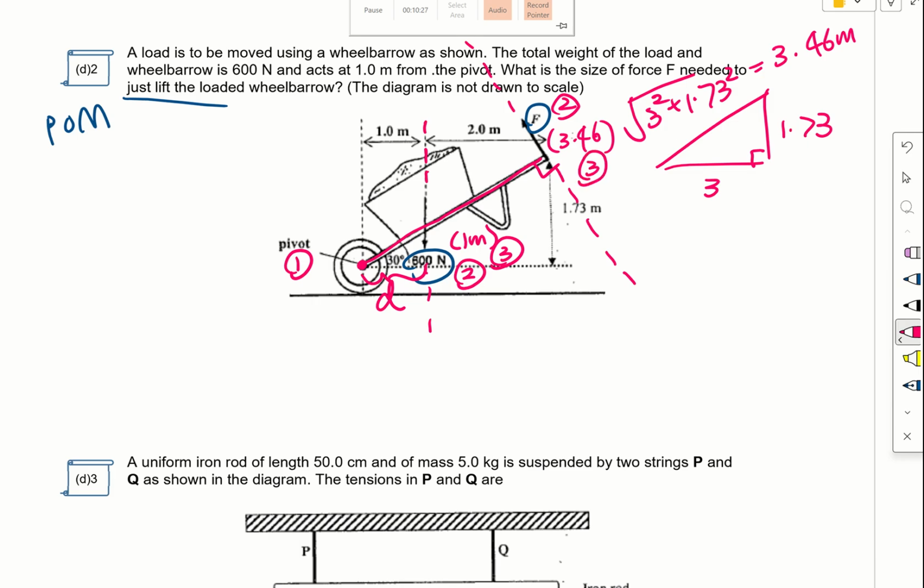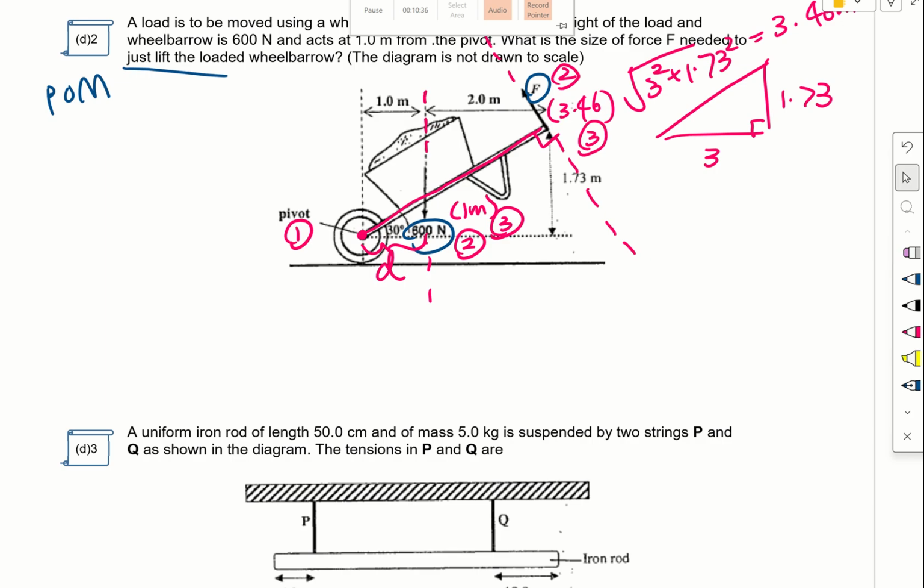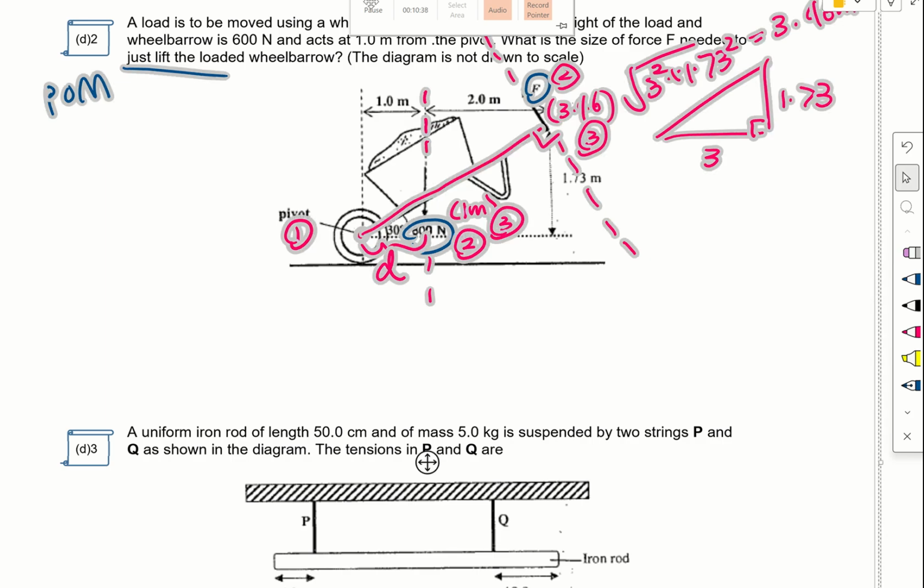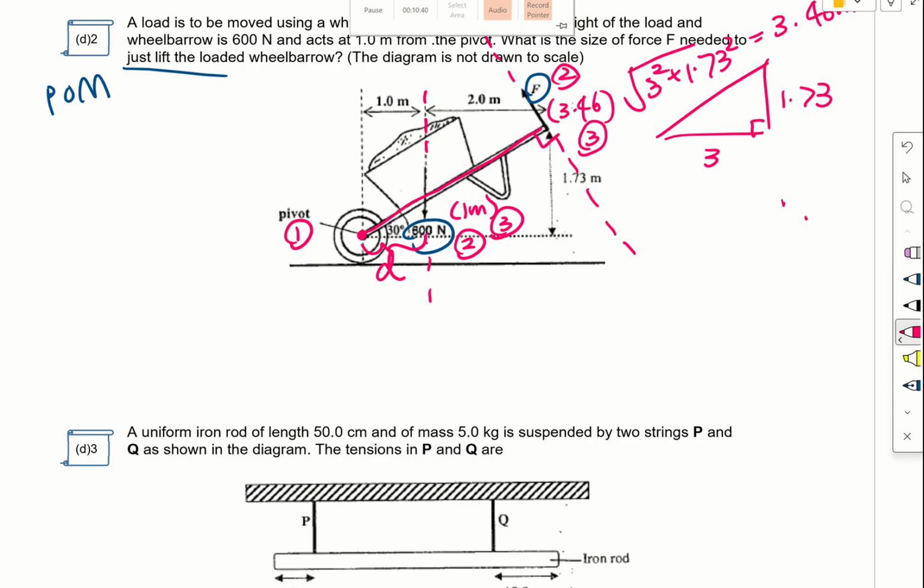Like what I said, once you are able to get the correct perpendicular distance, half of the battle is won, right? Because then you can go on to calculate your moments. So for this, 600 Newton multiplied by 1 meter, the moment is 600 Newton meter, and for this it will be 3.46 F Newton meter, putting in the units. Then now let us find the direction.